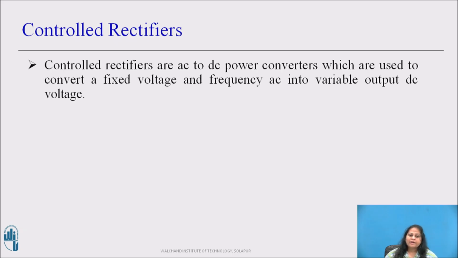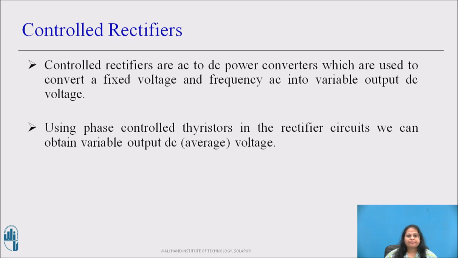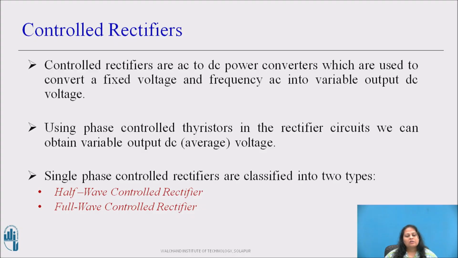Well, controlled rectifiers are AC to DC power converters which are used to convert a fixed voltage and fixed frequency AC signal into a variable output DC voltage. These circuits use phase controlled thyristors to obtain variable output DC voltage. Also, single phase controlled rectifiers are further classified into two types: half wave controlled rectifier and full wave controlled rectifiers.